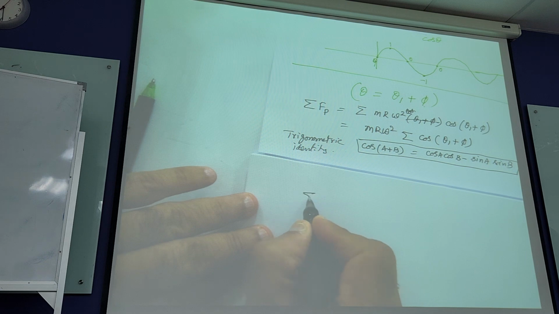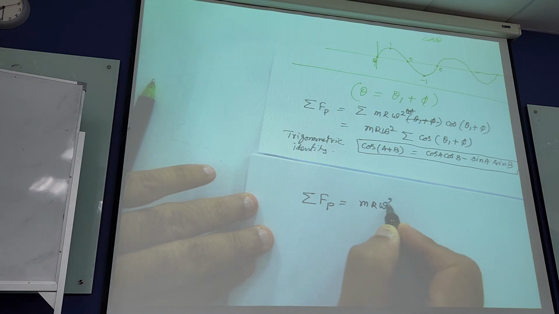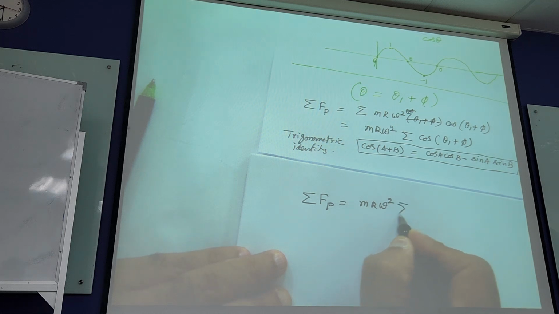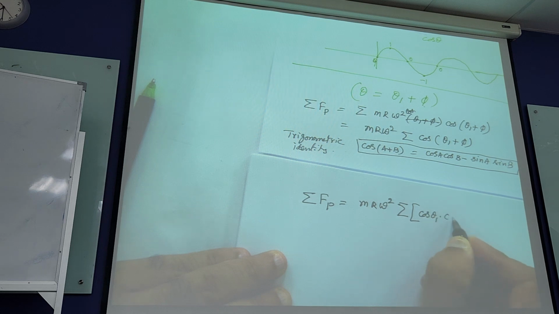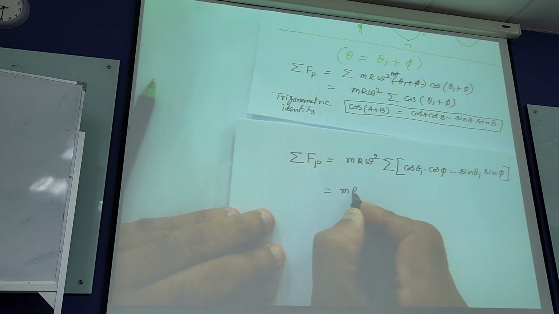Now we can write the sum of the primary forces as m r omega square, sum of cos theta 1 into cos phi minus sin theta 1 into sin phi.